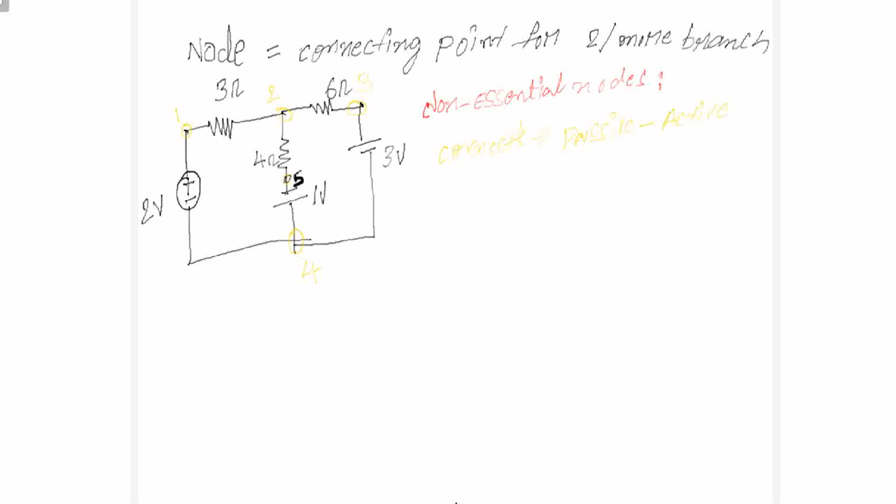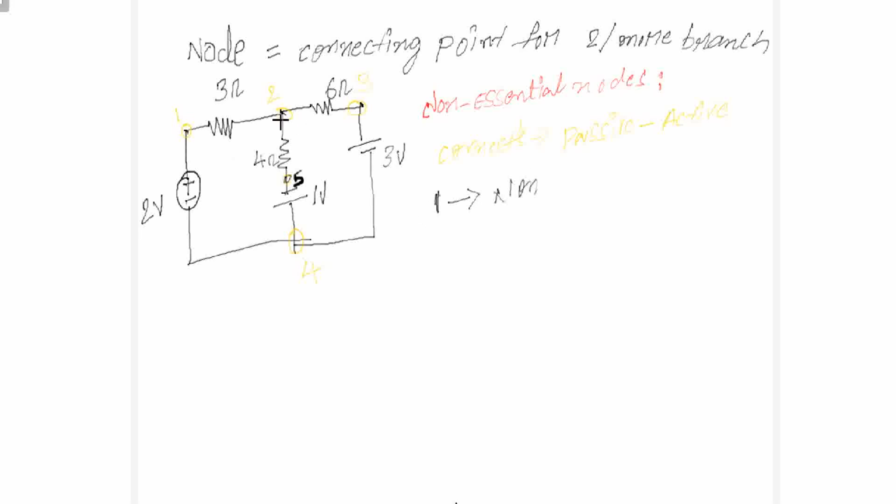Now tell me whether the first node is essential or non-essential. Node 1 is non-essential, because here it is connecting towards the active element, it is connecting to 3 elements. So this is non-essential.